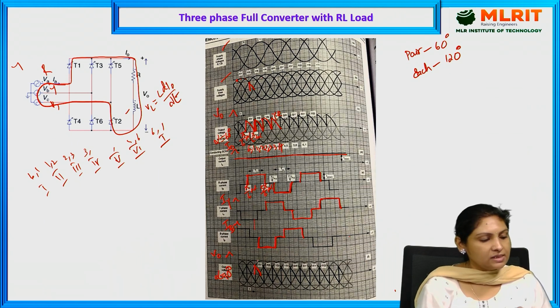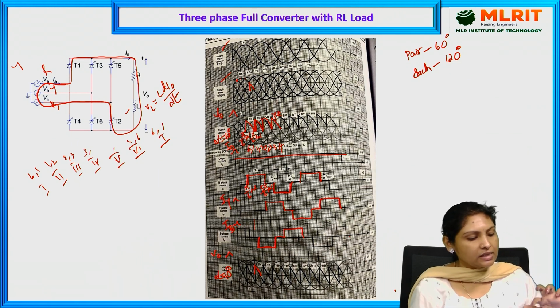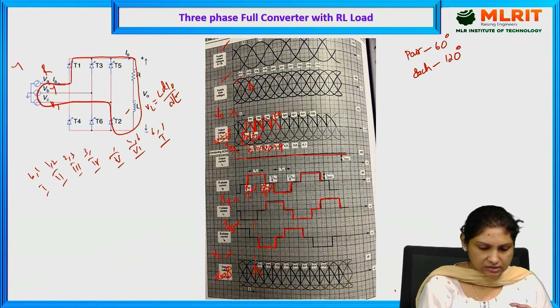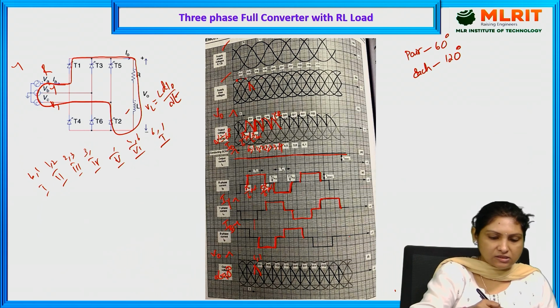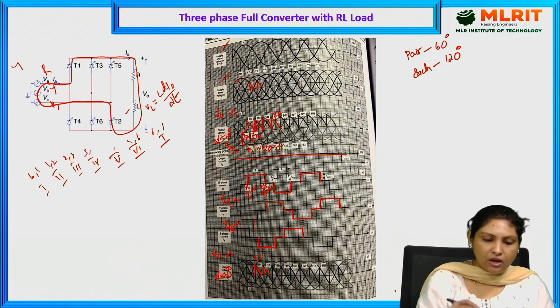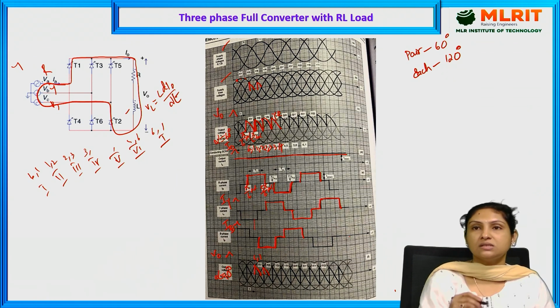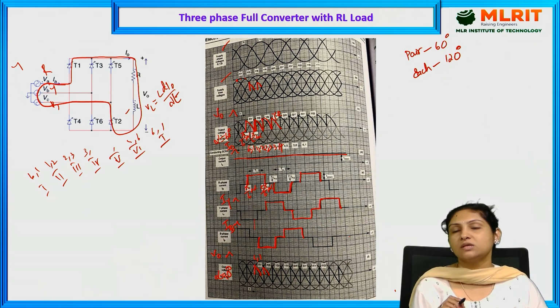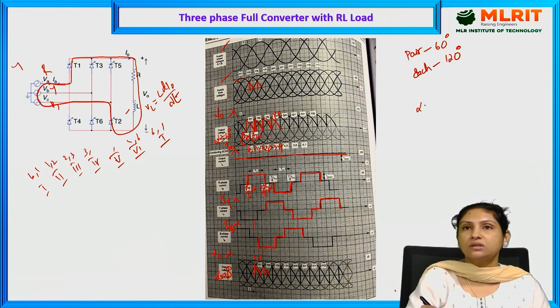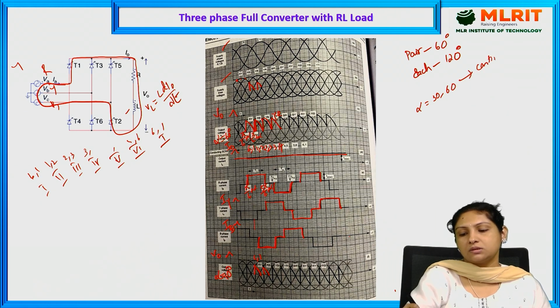When RY is active, thyristor 1 as well as thyristor 6 are conducting. 6 and 1 are conducting. Similarly, it is getting turned off, and now RB, in the sense this is 0 crossing, 60, 90. So from here to here, we will be getting the output voltage waveform. And if you see, output voltage remains 0 during this period. That is the reason I am saying for alpha is equal to 30 and 60, output waveform will be continuous.